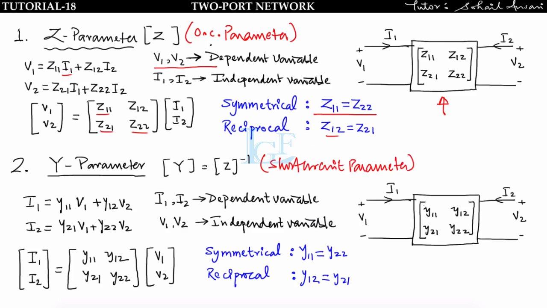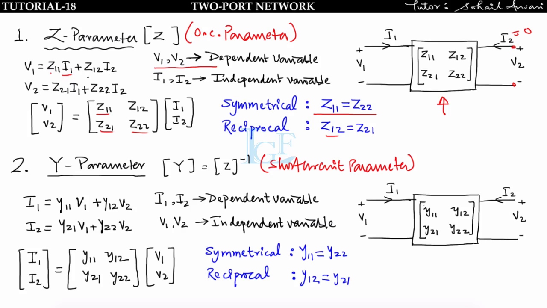Why is the Z parameter known as the open circuit parameter? Because if you open the secondary terminal, the value of I2 will be 0. Since I2 will be 0, put I2 equal to 0 here, and you will get Z11 equal to V1 upon I1. So in this way we find Z11. Now suppose we have to find Z12.